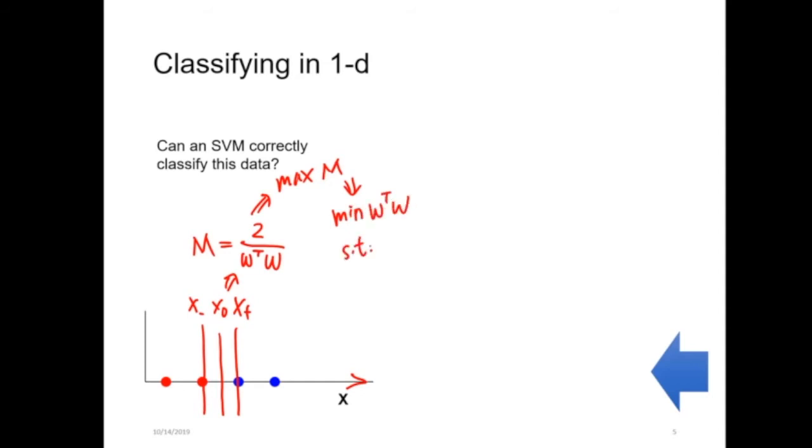Then, subject to, you classify all the samples correctly. So this side is -1, this side is +1. If you still remember, for all the points in the training data, I want my yi, which is the true label, times W transpose xi plus b to be larger than or equal to 1.